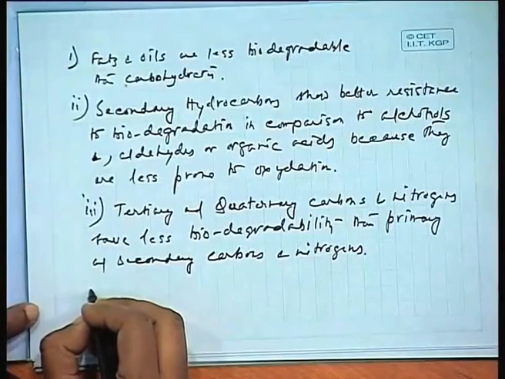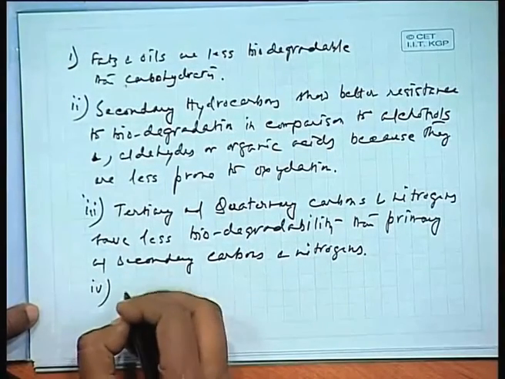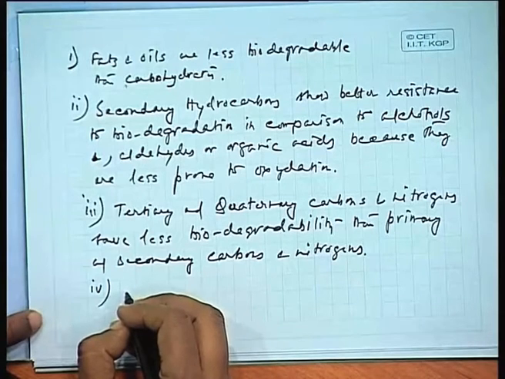Wherever you go from one stage to another, biodegradability continuously goes down. This is very important for us to understand, and forms a primary basis for environmental control.